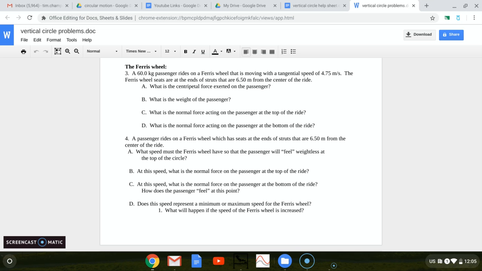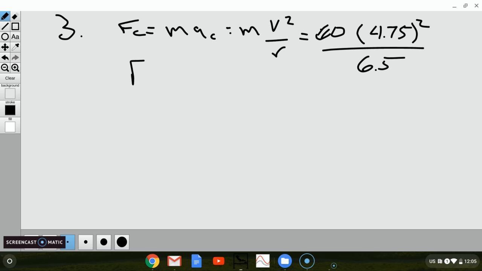So F_c ends up being, hold on, I've got to go to the calculator here. 60 times 4.75 squared divided by 6.5, and I'm getting 208 newtons. Let me double check that because I'm half asleep while I'm doing this. All right, 208 newtons, that's what I get.